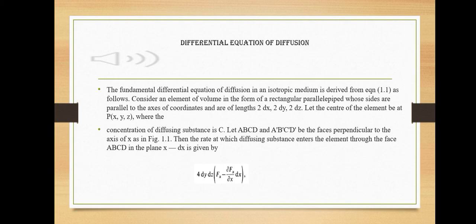Let the center of the element be P(x, y, z), where the concentration of diffusing substance is C. Let A, B, C, D be the faces perpendicular to the axis of x.